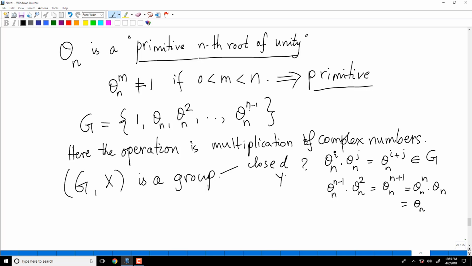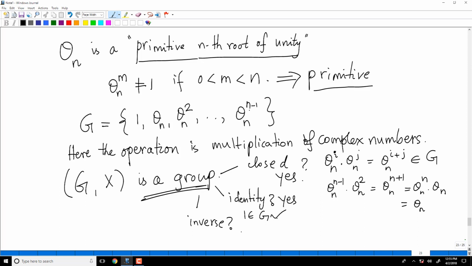So it is closed. Identity: yes, 1 is there, that is the identity. Inverse: remember what a group is. The binary operation is closed, which we quickly checked here. Identity is there. Multiplication is certainly associative, so that we do not need to check separately.